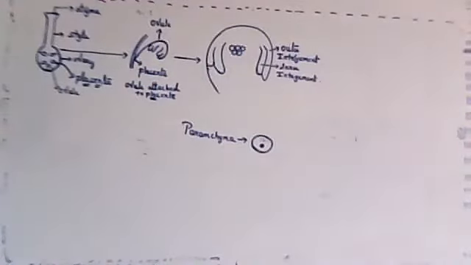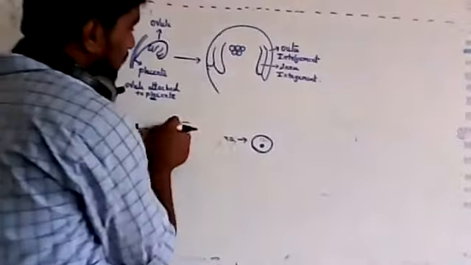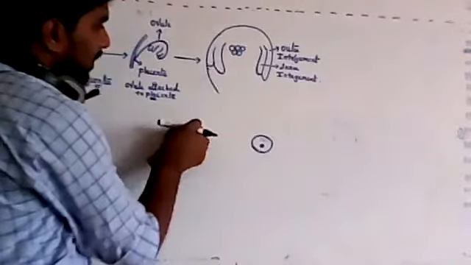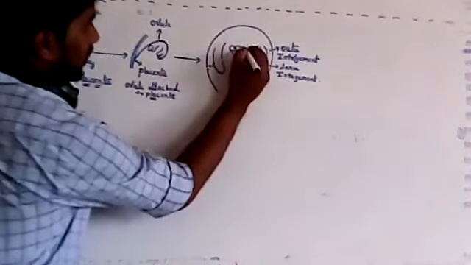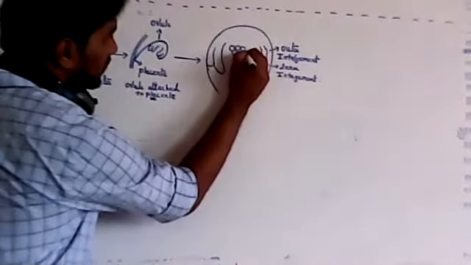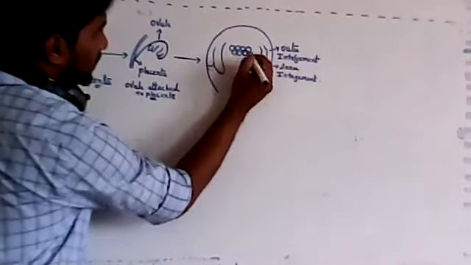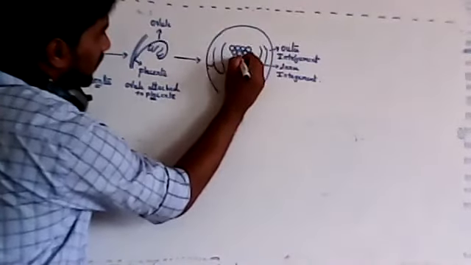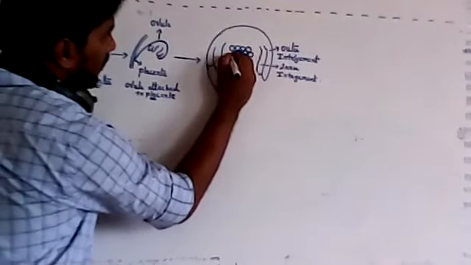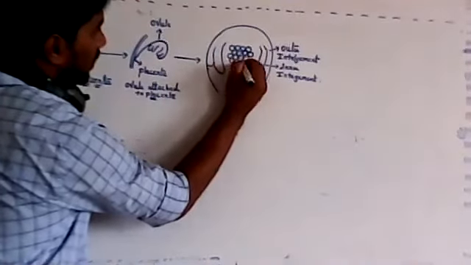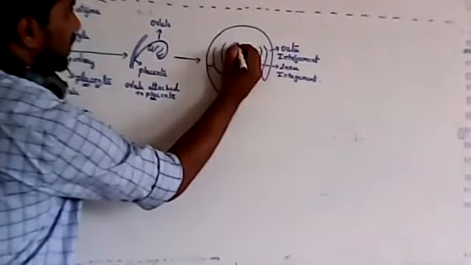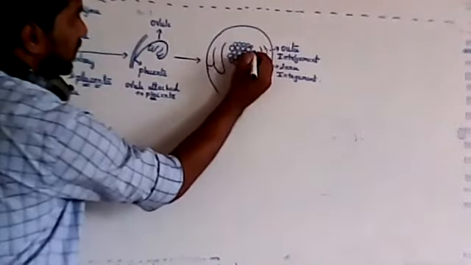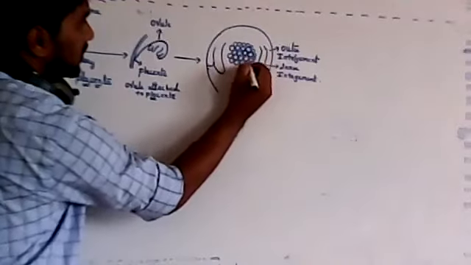Parenchyma cells are the same in shape and size. All the cells present inside the ovule will be similar in shape and size, so they form a group of cells.